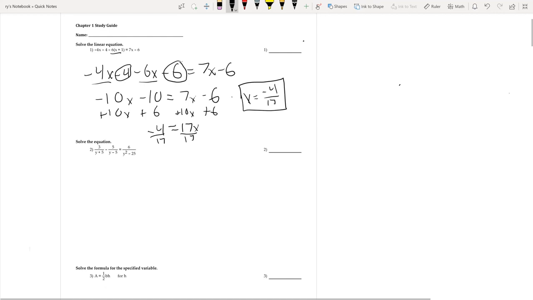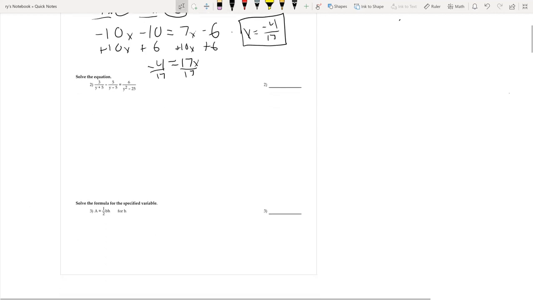When we get to number two, that's where we get to fractions. No one likes fractions, so your goal always is to get rid of the fractions right away. In this case, I know that y squared minus 25 is equal to y plus 5 times y minus 5.